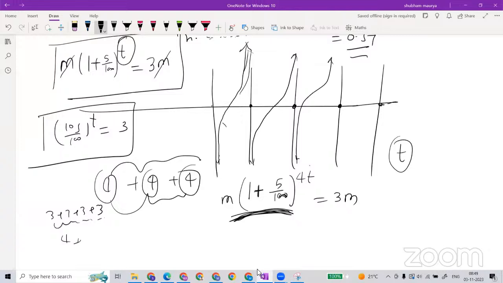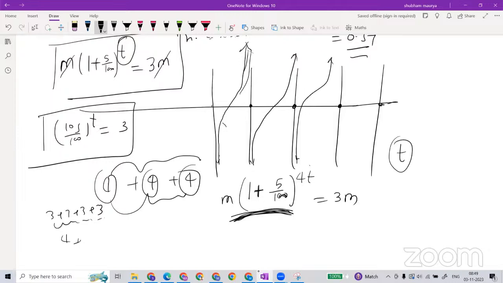I was confused in this part only. Sir, if it is compounded thrice a year, then only 3t will come. The denominator will not be just 5 by 100, it will be 5 by 300, because you are going to divide that percentage by 3.